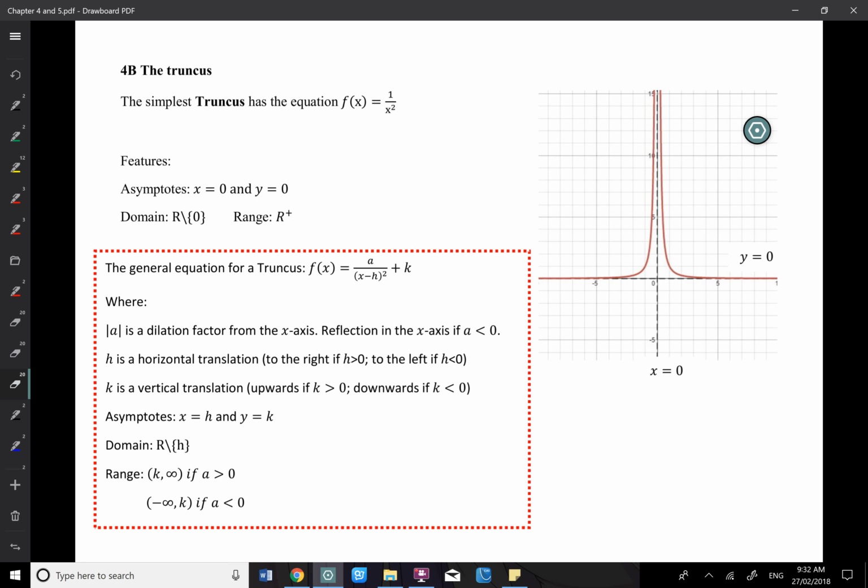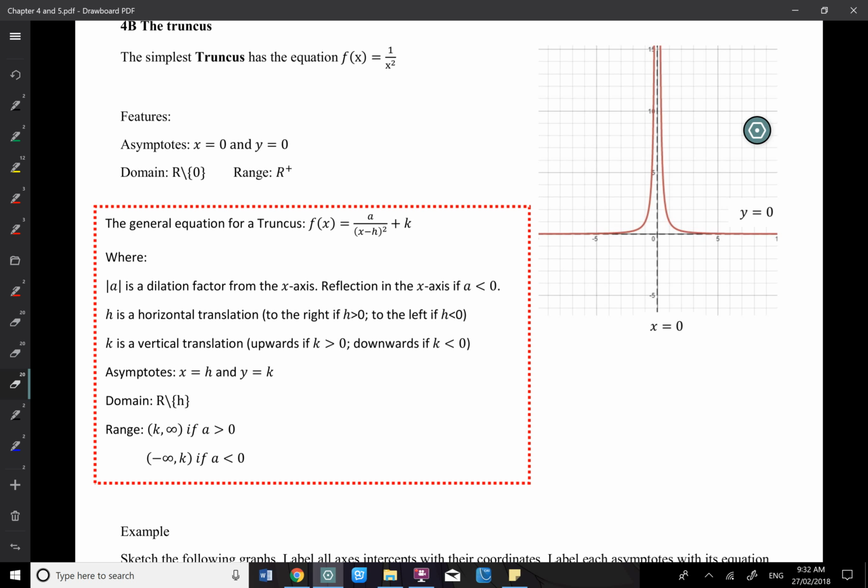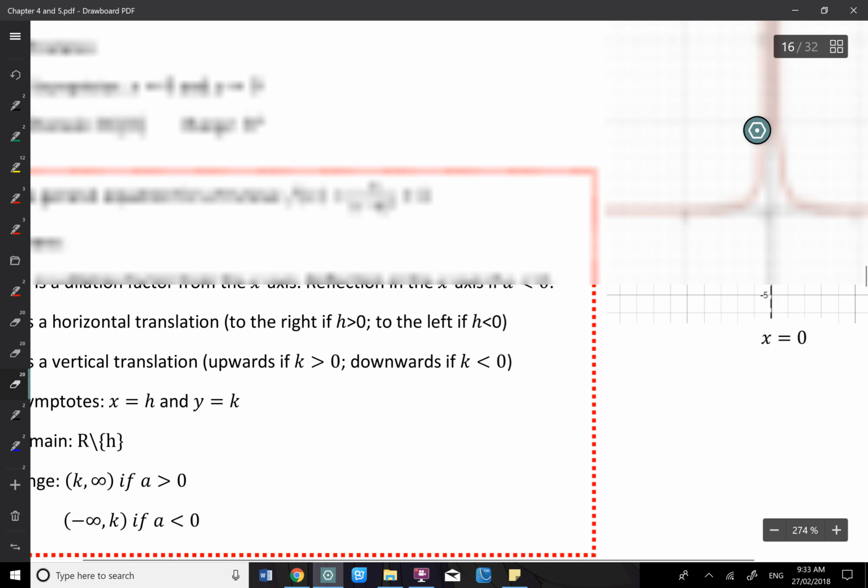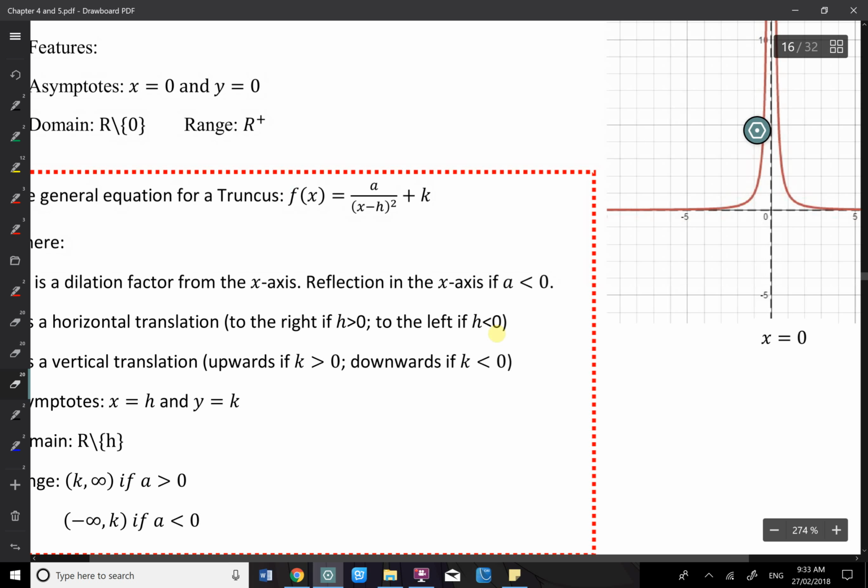Instead of the two branches for the hyperbola being top and bottom, or the other way around, for this one there are two on the top. They have exactly the same shape, but they have slightly different equations. So the equation will be this.